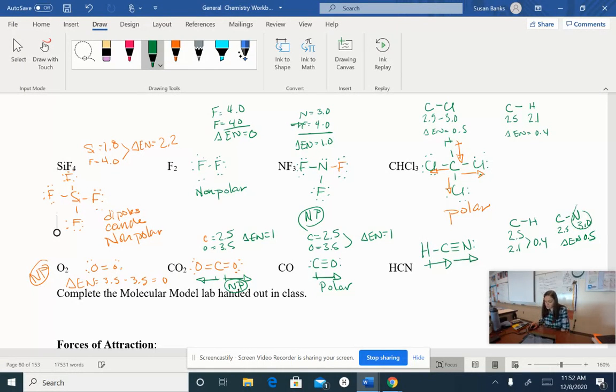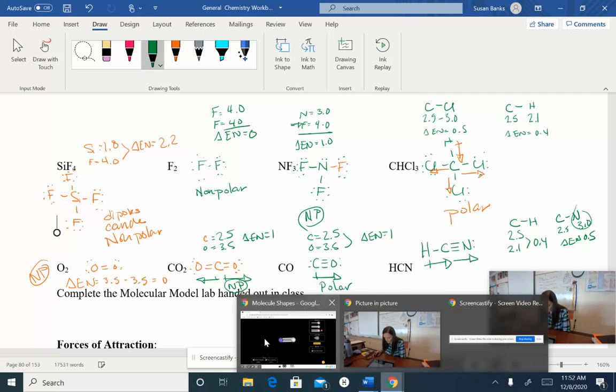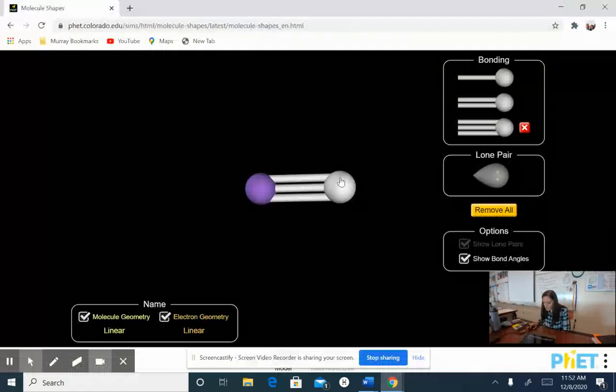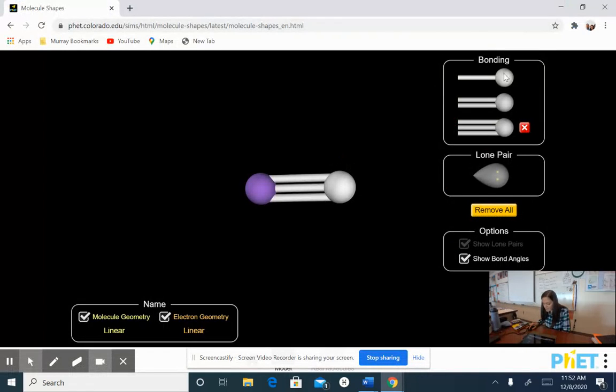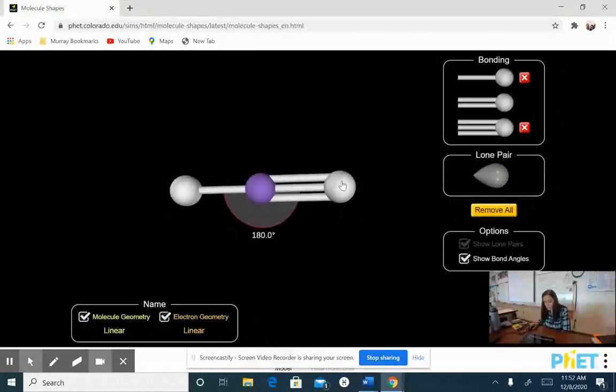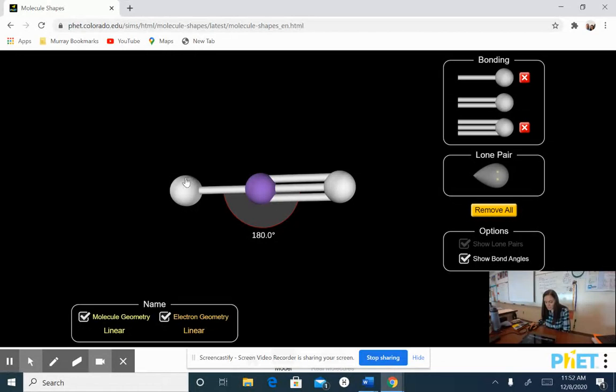So let's put this in our PhET here. If I have a triple bond and a double bond, let's put it in the orientation that we drew on our paper. So this is going to be our hydrogen, this is going to be our carbon, and this is going to be our nitrogen. We said electrons would be pulled from the hydrogen towards the carbon, and then from the carbon towards the nitrogen.